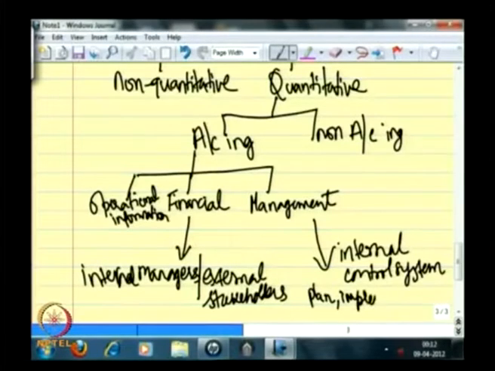So, we need to capture some information that is required to plan, implement or control the internal business system. And remember, last class I was talking about how management accounting hence would be dealing with various issues like fixed costs, variable costs, budgeting, variance analysis, and all this is internally consumed because it is more to be used for the purpose of improving mechanisms internal to the organization.